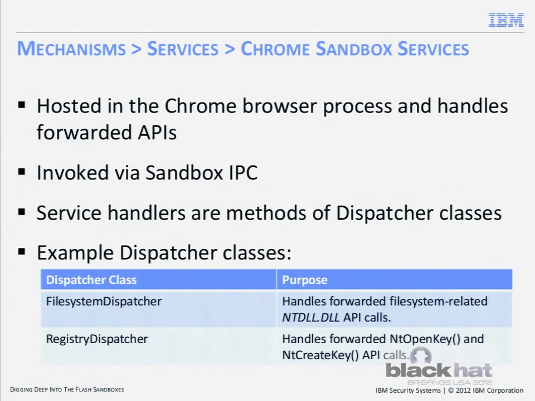These are the services hosted in the Chrome browser process which handle the forwarded APIs. It is invoked via Sandbox IPC, and service handlers in the Chrome browser process are actually methods of dispatcher classes. Each dispatcher class handles a subset of APIs. For example, the file system dispatcher handles file system related APIs, while the registry dispatcher handles registry related APIs.